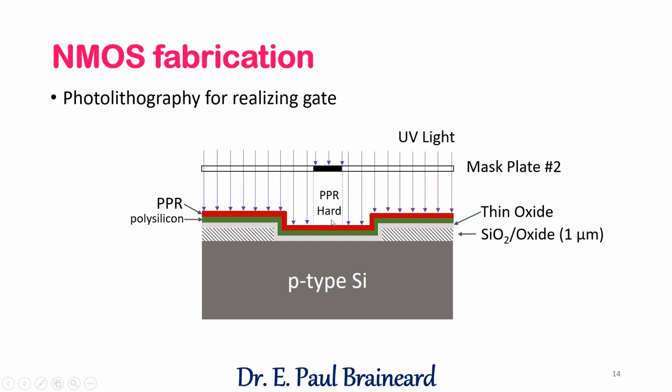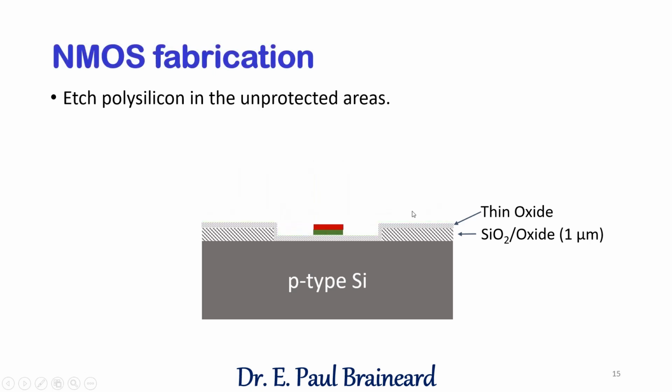Here the PPR is hard, and in other places where UV light shines on the PPR, it will become soft. And the soft PPR can be easily removed. After developing, this is the structure we see.